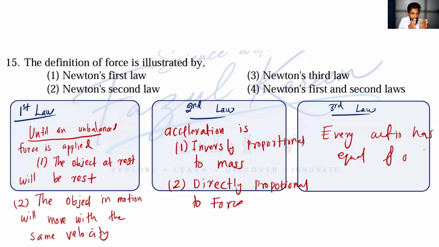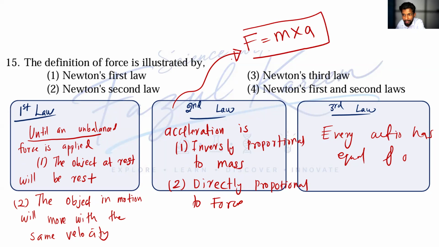Which of the laws describes the force? First law, second law, or third? Listen here. Under the second law, we have a separate equation for the force: force is equal to mass into acceleration. From this law, we have derived an equation.